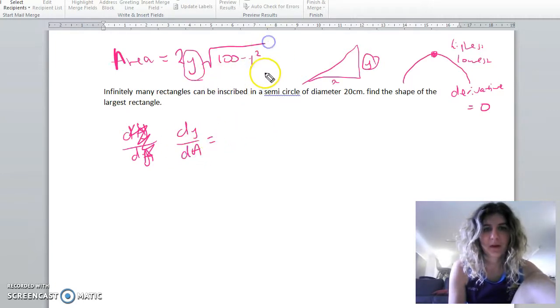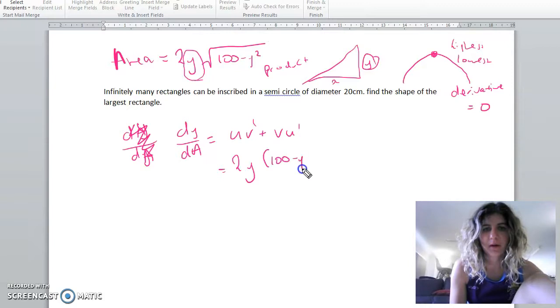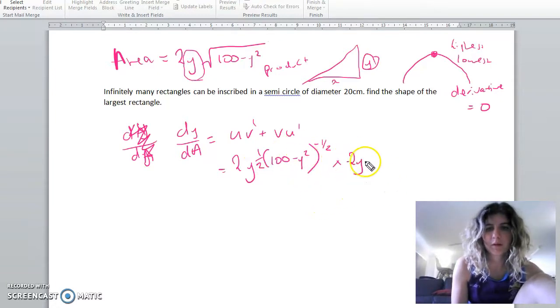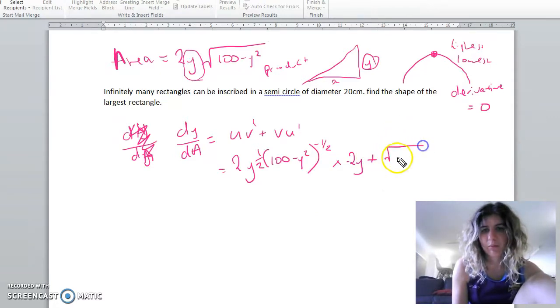For this formula here, we're going to be using product rule. Okay, so we have uv dash plus vu dash. So u is 2y, v is 100 minus y squared to the power of negative a half times by negative 2y, plus v, which is square root 100 minus y squared times by the derivative of u, which is just going to be 2.